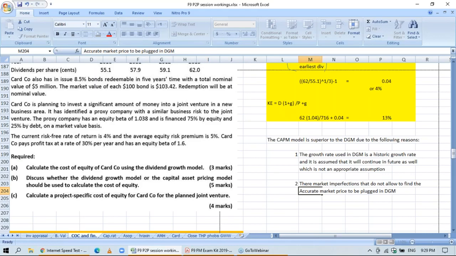So these are the two limitations of the dividend growth model, that you cannot find the accurate market price and the growth rate.